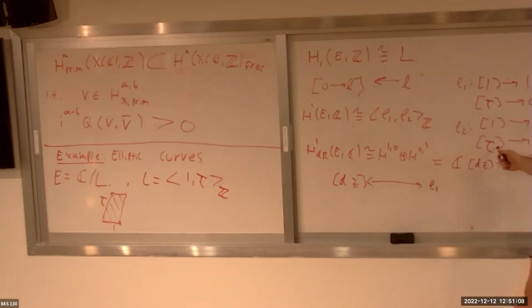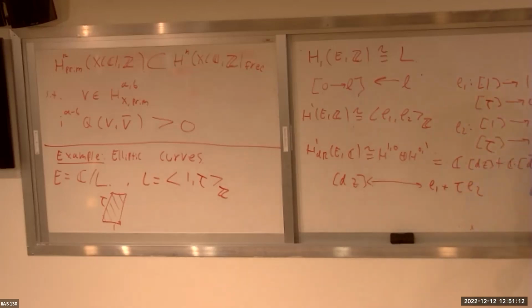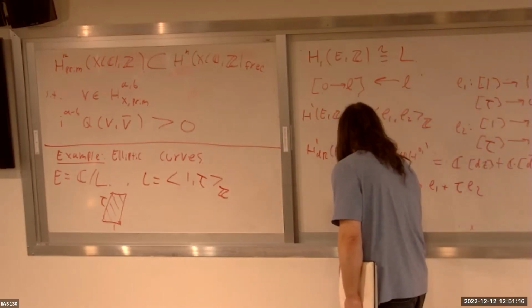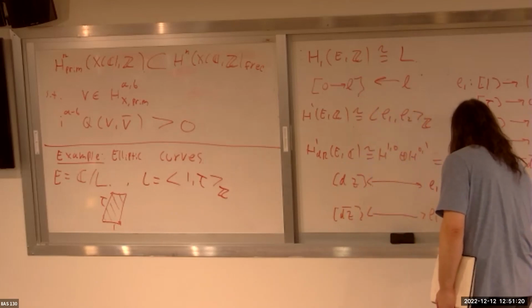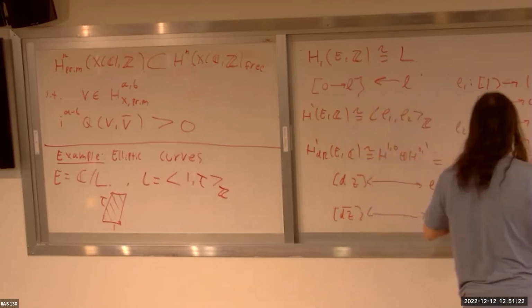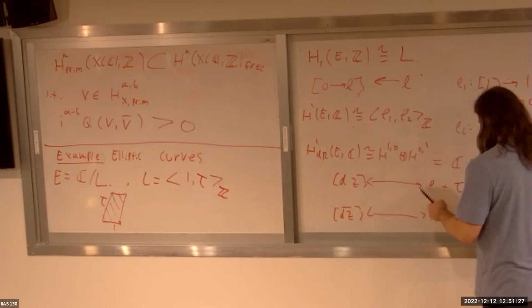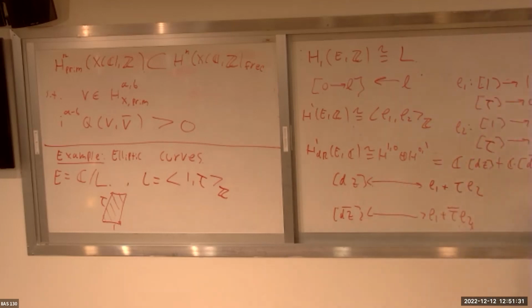And then on tau, I should get tau. So plus tau E2. Likewise, DZ bar gets sent to E1 plus tau bar E2.